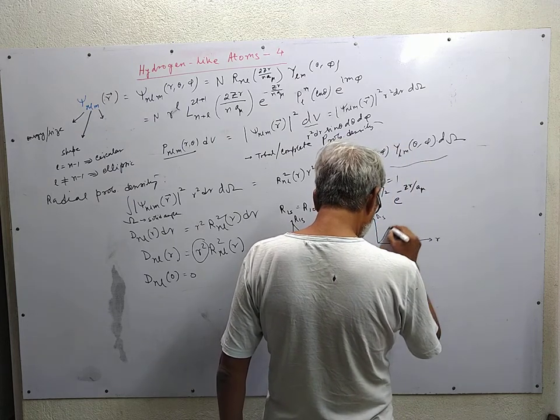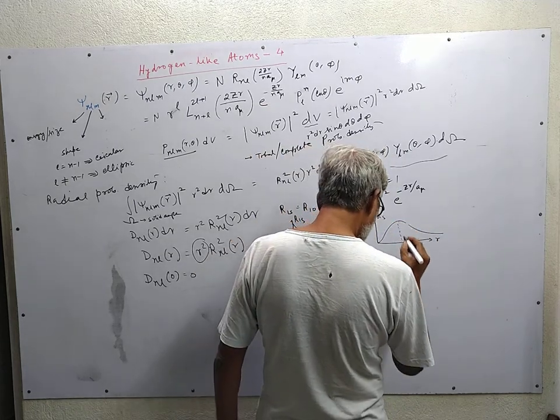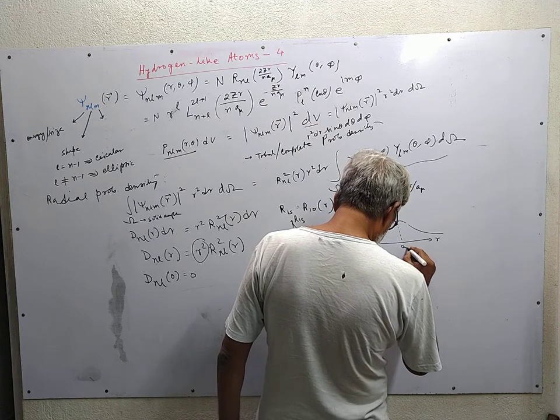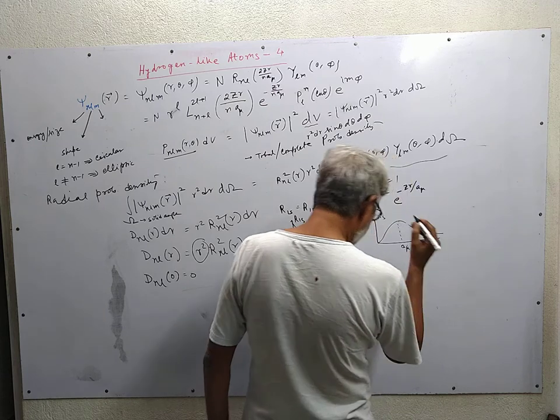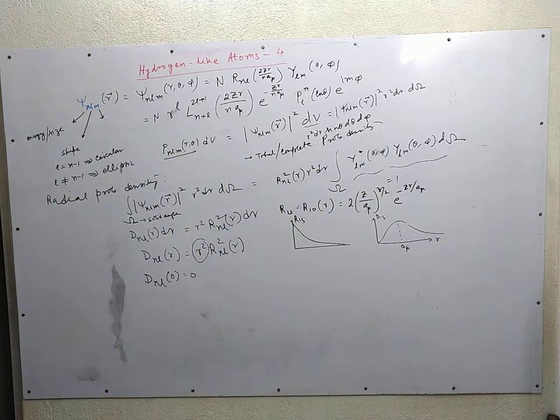As I will calculate, it has a maximum at a mu and then falls off exponentially.